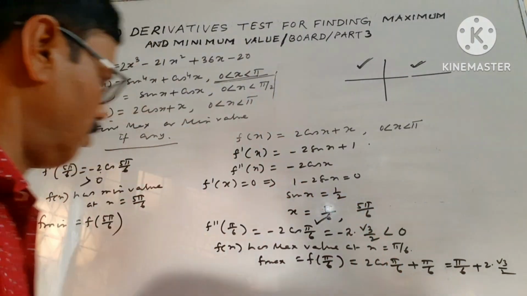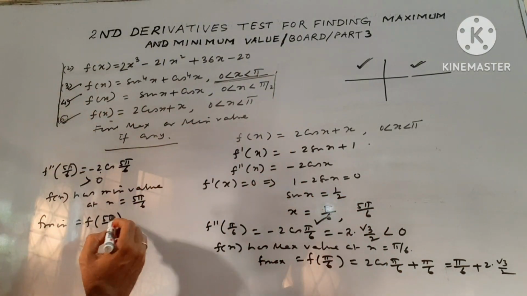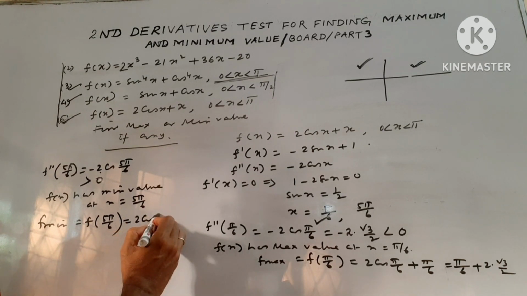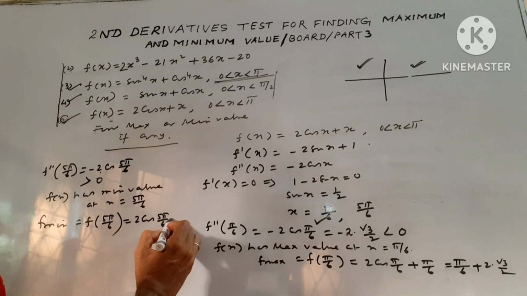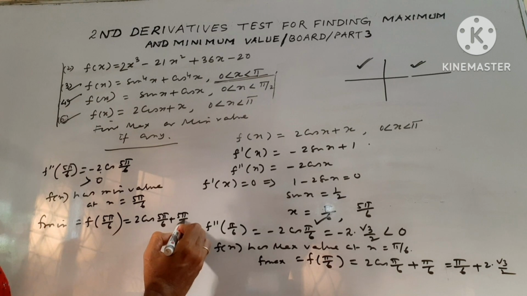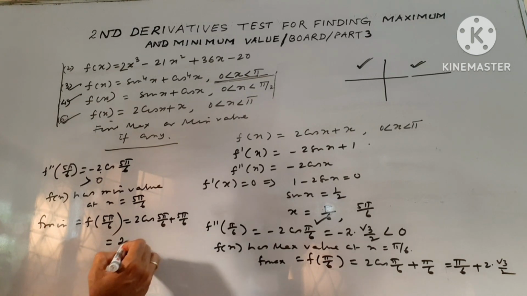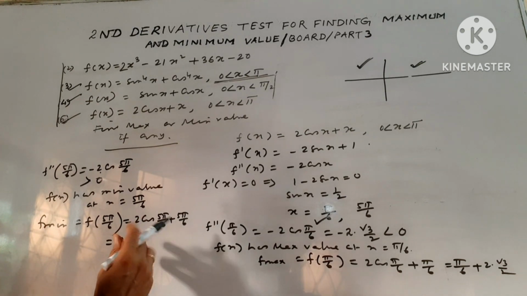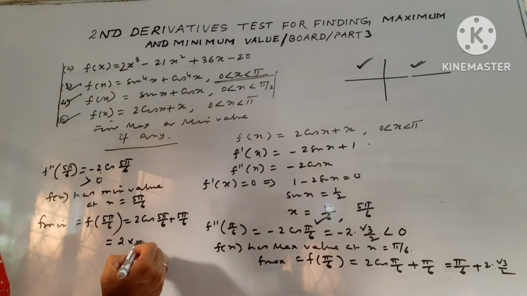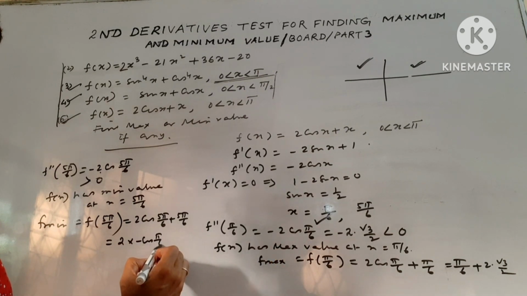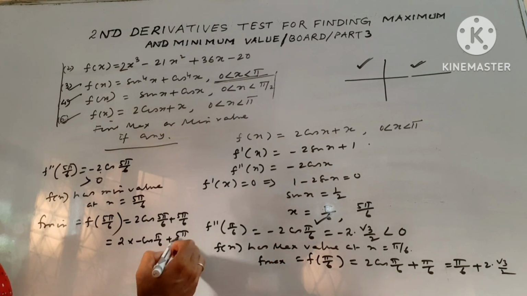The minimum is obtained by putting the value of x into the original function. 2 cos 5 pi by 6 plus 5 pi by 6. So cos 5 pi by 6 is cos of pi minus pi by 6, so minus cos pi by 6.